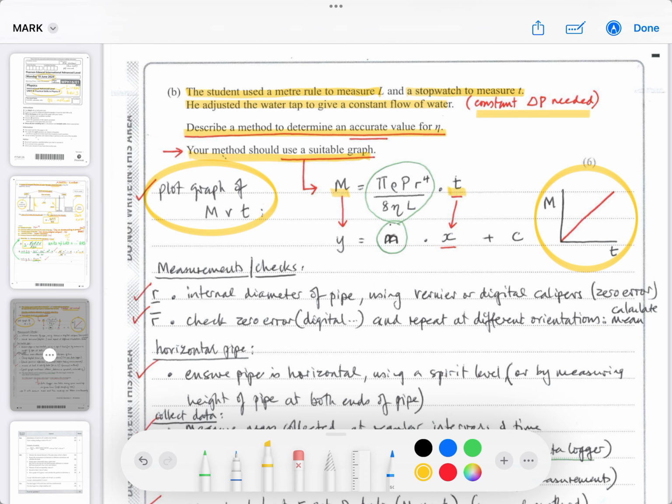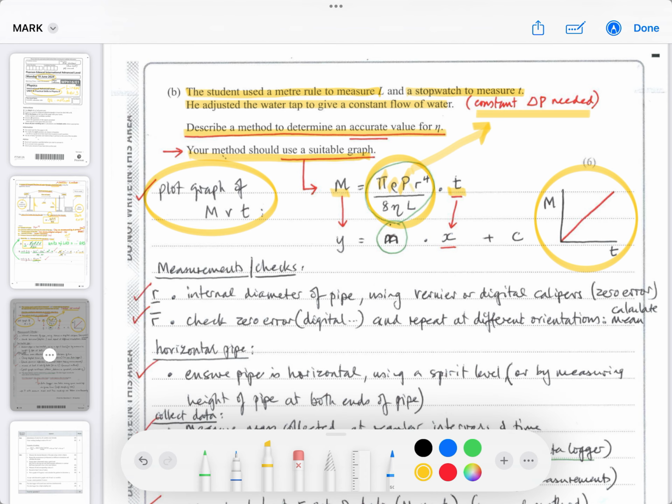So m is directly proportional to t, and all the stuff in the middle are all constants. Pi's a constant, rho's a constant. We've made the pressure constant by making sure that it's a constant flow rate.